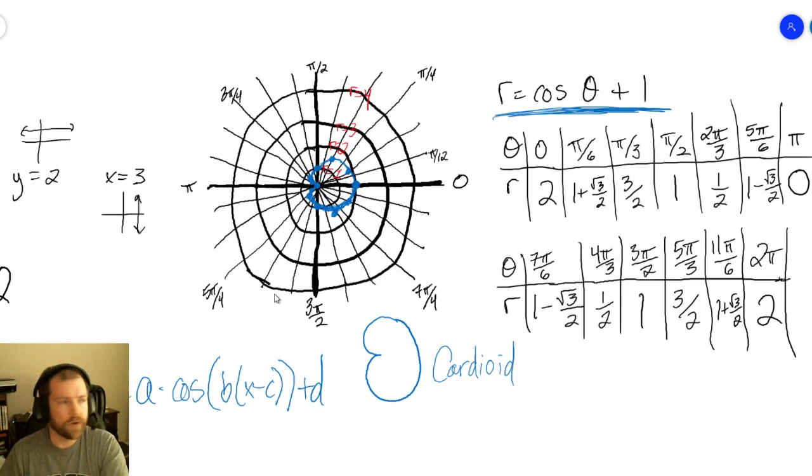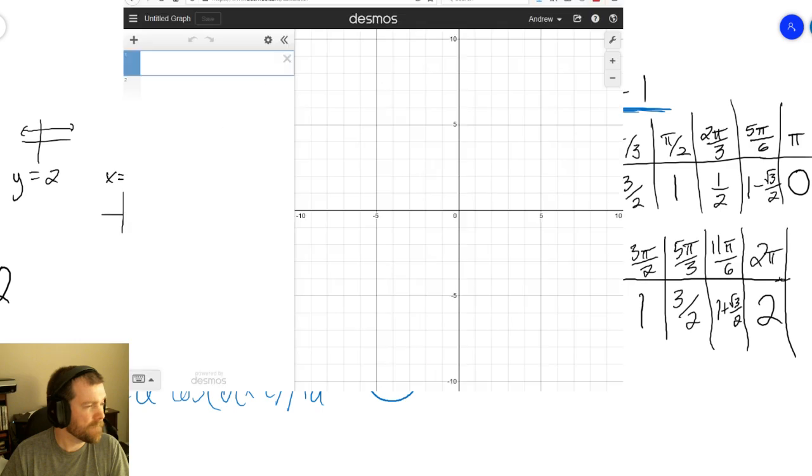So if you were to go to Desmos, for example, or some other graphing tool, yeah, there we go.